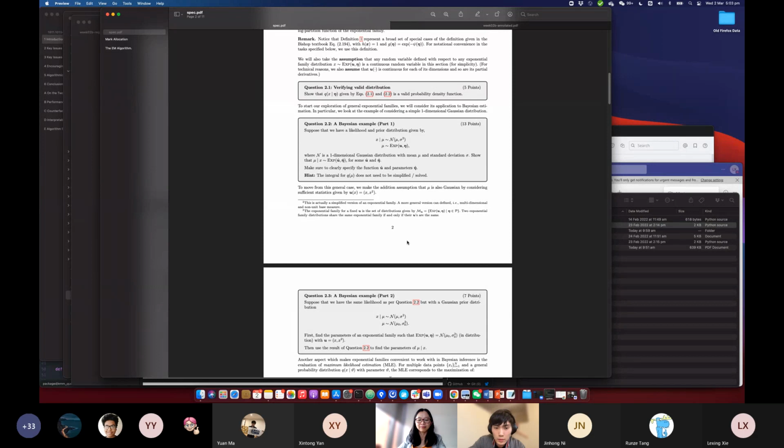Cool. Alex, do you want to take this one? Jin Hong asks, would it be possible to have a bit more hint in question 2.2, which is now on the screen? I can't see how the hint provided helps with the question. Right. Let me try and remember. Oh, right. Okay. Since it's working with likelihoods and priors, you're going to have to use Bayes' theorem to get this posterior distribution.